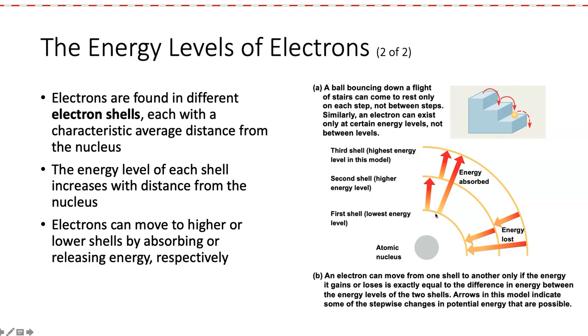So it's going to have to absorb energy in order to move up, and then if an electron is moving down the shells, it's going to actually lose energy or release energy. You can think about it kind of like a ball going down steps. Going down the steps releases energy, but moving up the steps actually takes energy. You've got to push that up the steps.